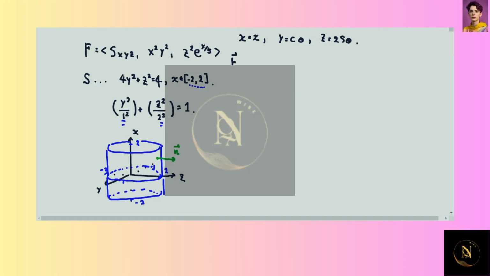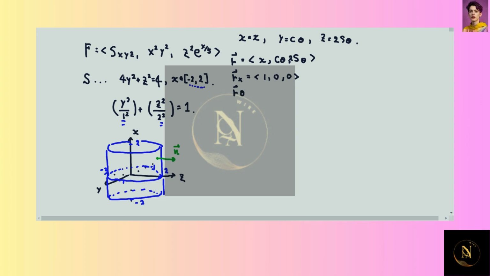So r is going to be the vector x, cosine theta, 2 sine theta. R sub x would be 1, 0, 0.